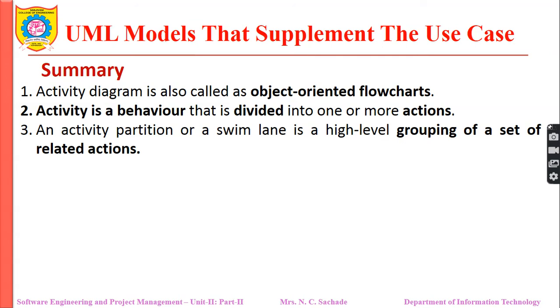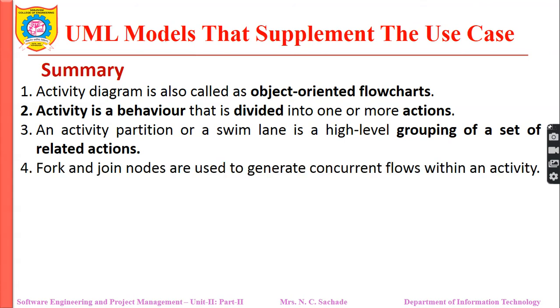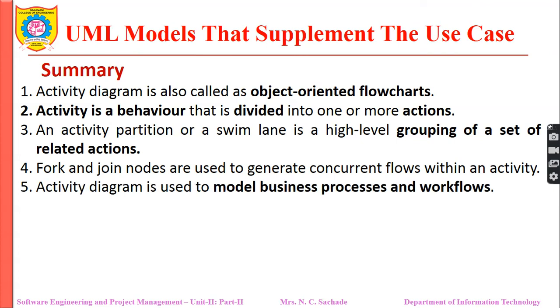In that we saw one notation as swim lane or partition. That is what we have seen in the swim lane diagram. Next, fork and join nodes are used to generate concurrent flows within an activity. And activity diagram is used to model business processes and workflows.